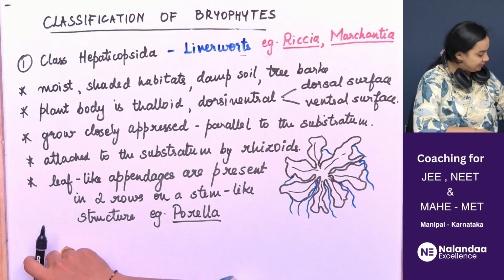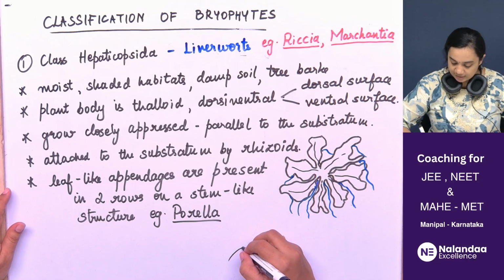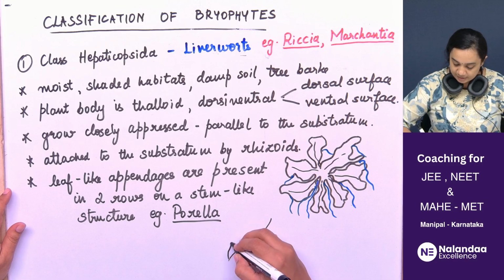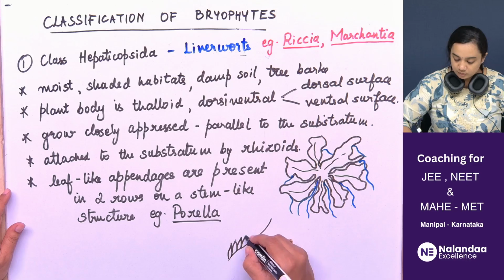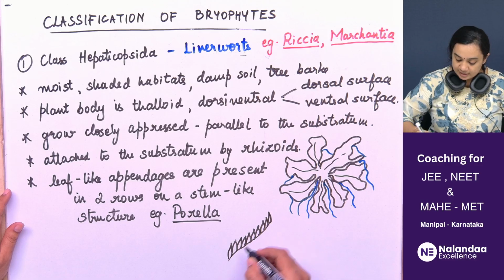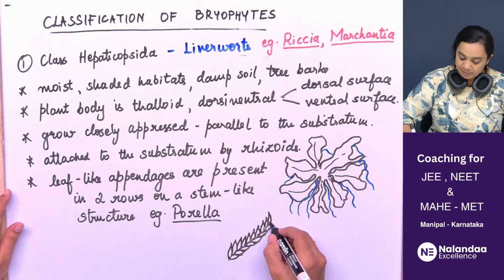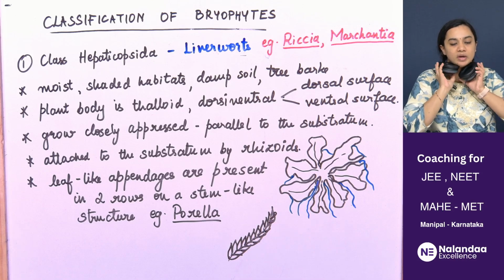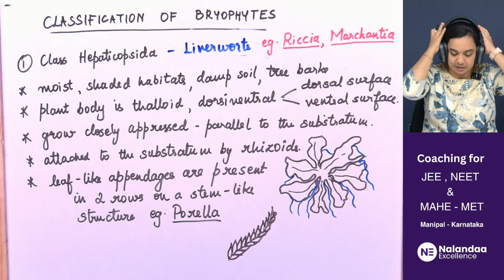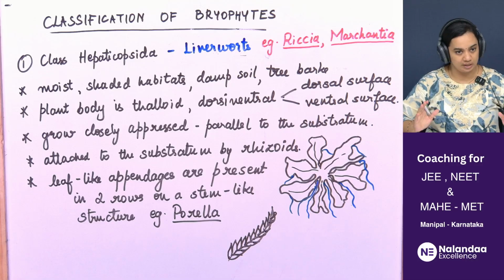Now over here, the thallus is leafy, so it won't be thalloid like this; it will have very tiny, minute leaf-like structures. It is again growing parallel to the substratum, so there is no difference on that point; it's not growing vertically upwards.